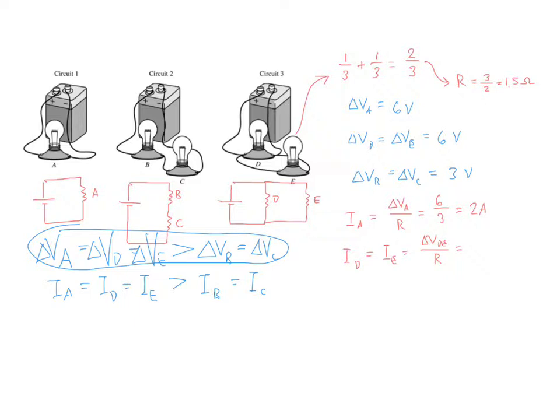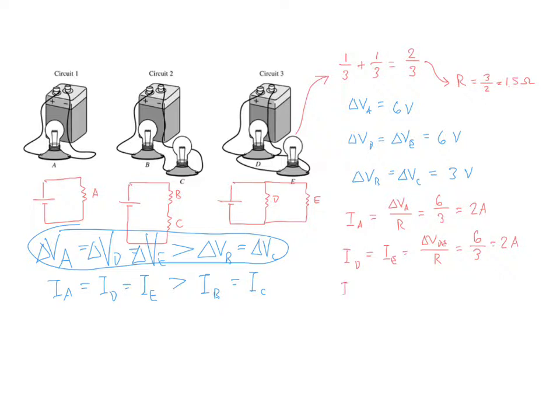The voltage across them is 6, and the resistance of each one is 3, so that again gives you 2 amps. So notice that all 3 of those are the same, which matches our ranking.